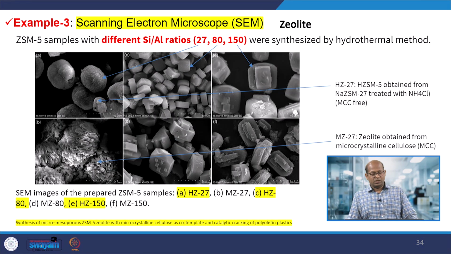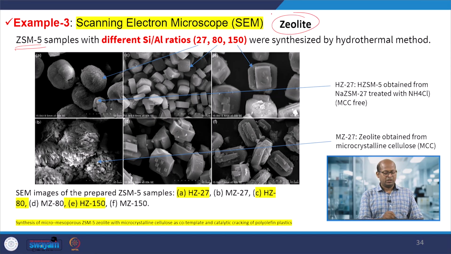Here ZSM-5 is another example I am showing. How to prepare zeolites has already been discussed. ZSM-5 basically consists of silica and alumina, with the elements present at different ratios. This zeolite was prepared with silica alumina ratios of 27, 80 and 150 using the hydrothermal method.